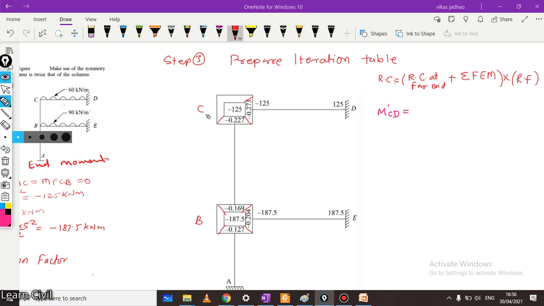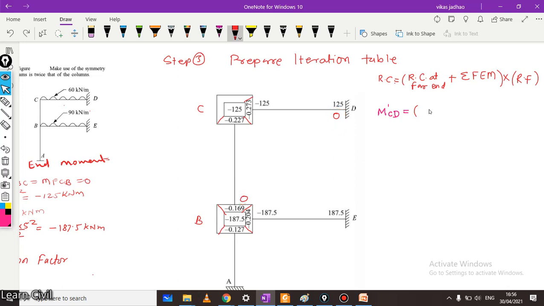You can see no rotation contribution is there at joint D, so let us consider this as 0. Here also there is none, so consider this as 0. So rotation contribution at far end is 0 plus 0.